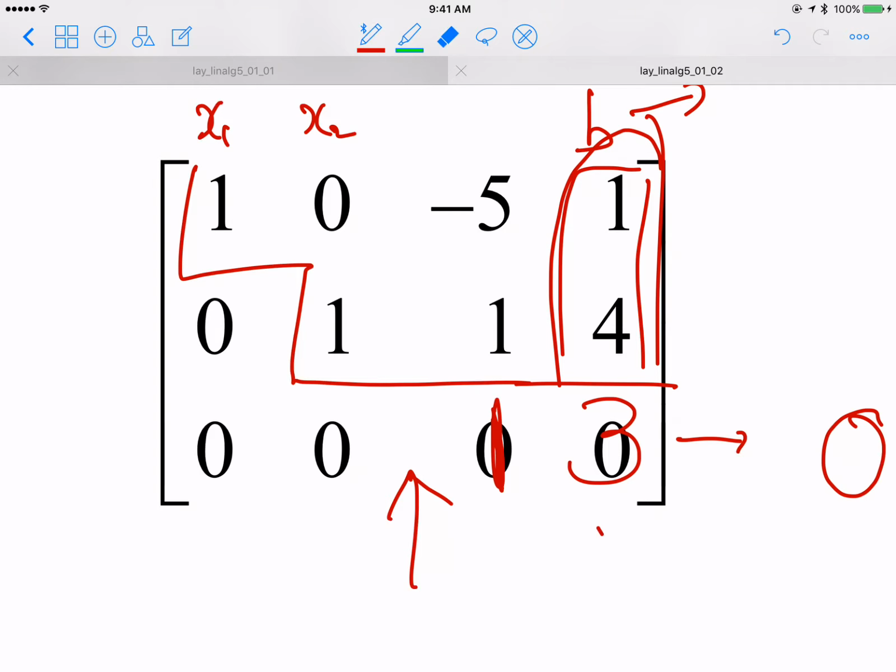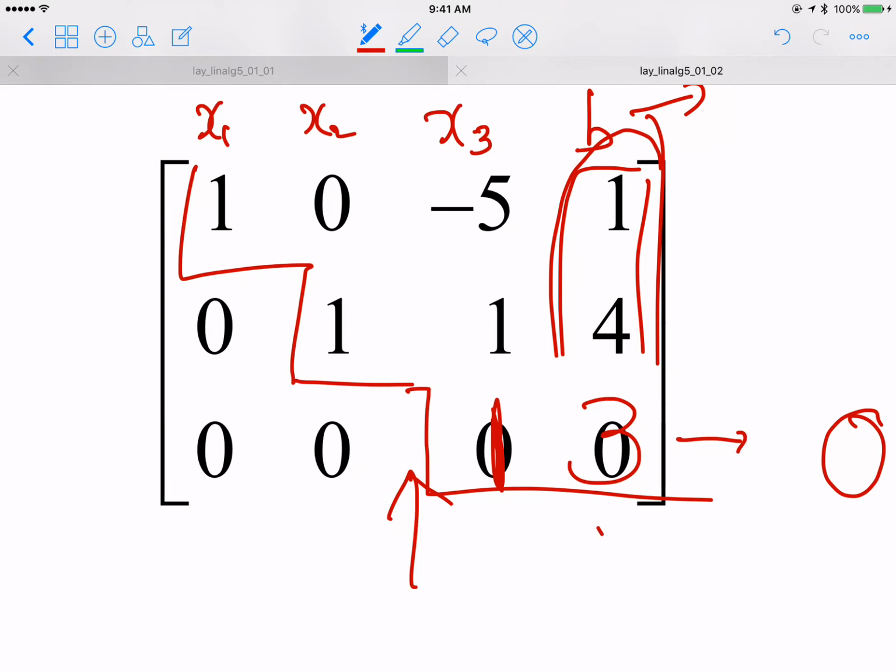And then the staircase shape is something like this. So you have pivots in x1, x2, and x3, right? If you look at these vertical columns, x1, x2, and x3 will all have pivots, right? And it means x1, x2, and x3 are all basic variables.